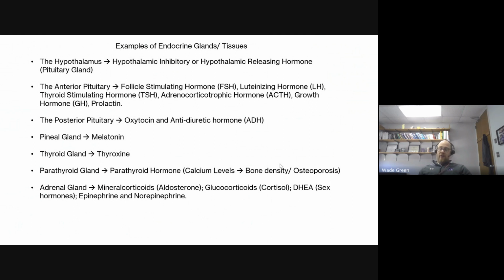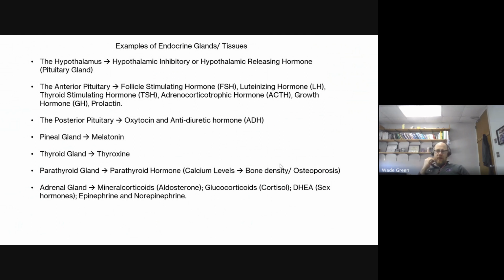The anterior pituitary also secretes FSH, follicle stimulating hormone, important in the menstrual cycle of females, luteinizing hormone, TSH, which is thyroid stimulating hormone, and then ACTH or adrenocorticotropic hormone, and then growth hormone and prolactin. Okay, the posterior pituitary secretes oxytocin and ADH. ADH is important in regulation of thirst and also kidney function, regulation of urinary output.